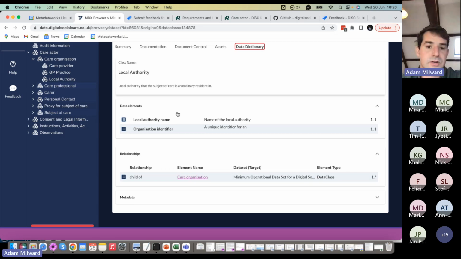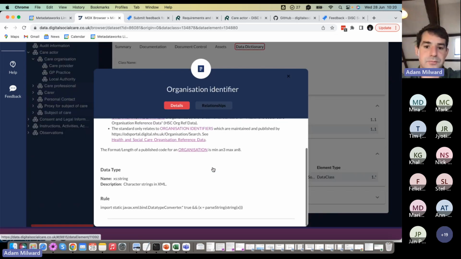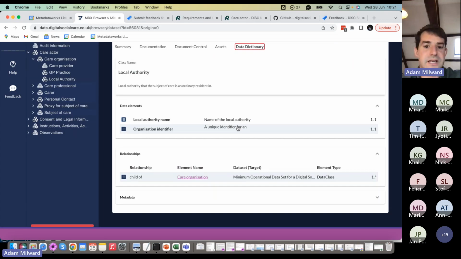I guess there's a question around should we be collecting location information for all of these? I think with the organisation identifier, there's a more general comment that every time we collect a code, should we also be making it very, very explicit when we store the data what that code is?